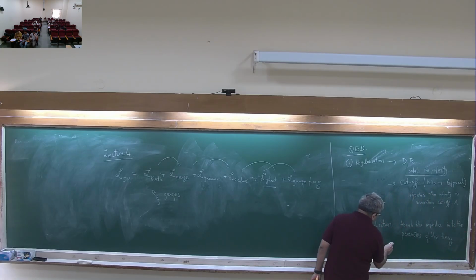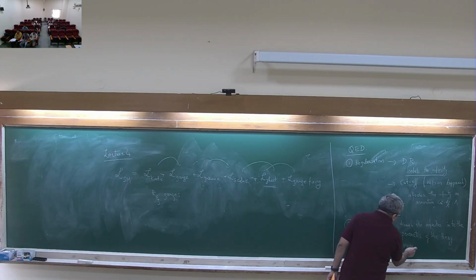So you have vertex, self energies, and then what is the third one? Vacuum polarization.